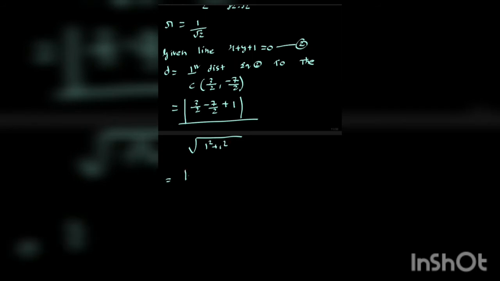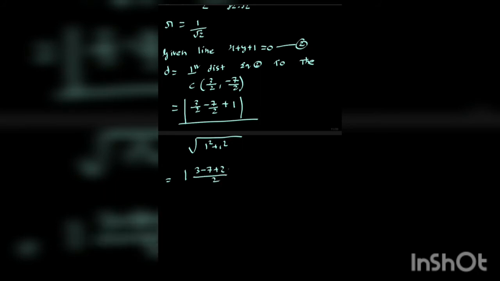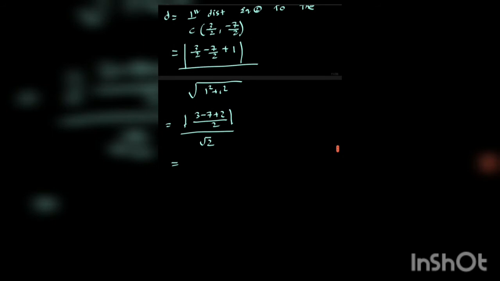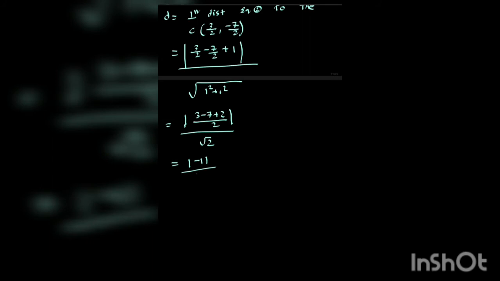So mod 3 minus 7 plus 2 by 2, whole by root 2. So minus 7 plus 5 minus 2 by 2. So minus 2 by 2, that is minus 1 by root 2.